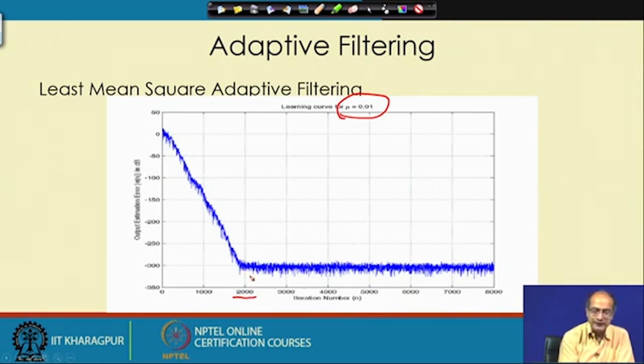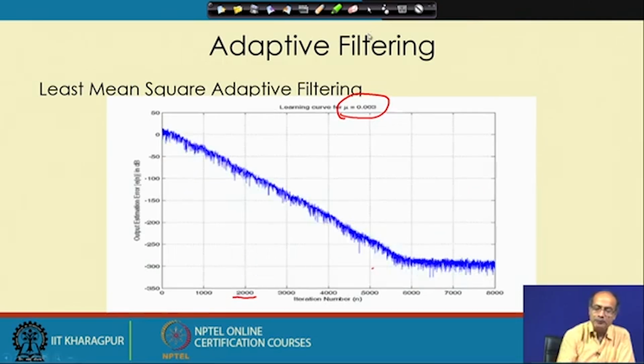After that we see minus 300 dB has become the noise power, and there is a small amount of fluctuation, which is the weight vector noise, and the lag in getting to that position, the 2000 iterations, is the weight vector lag. Now, if we make it even smaller, 0.003.